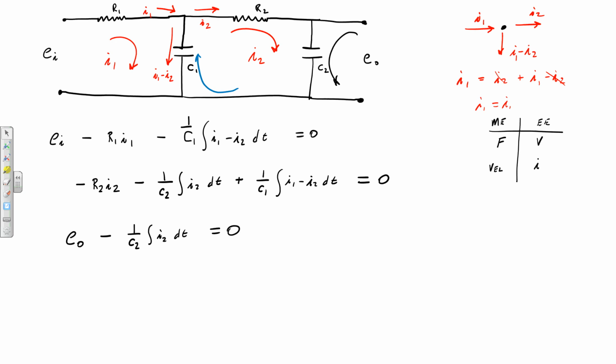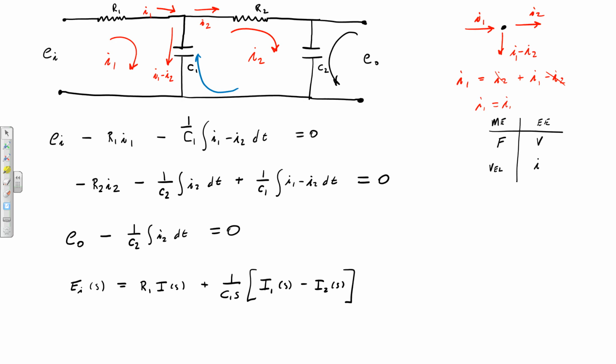So what I'm going to do is in each one of these, on the top one, I'm going to write it like this, E_I of s. So again, I'm bringing this to the other side, and this is going to be R1 I1 of s plus 1 over C1 s times I1 of s minus I2 of s.